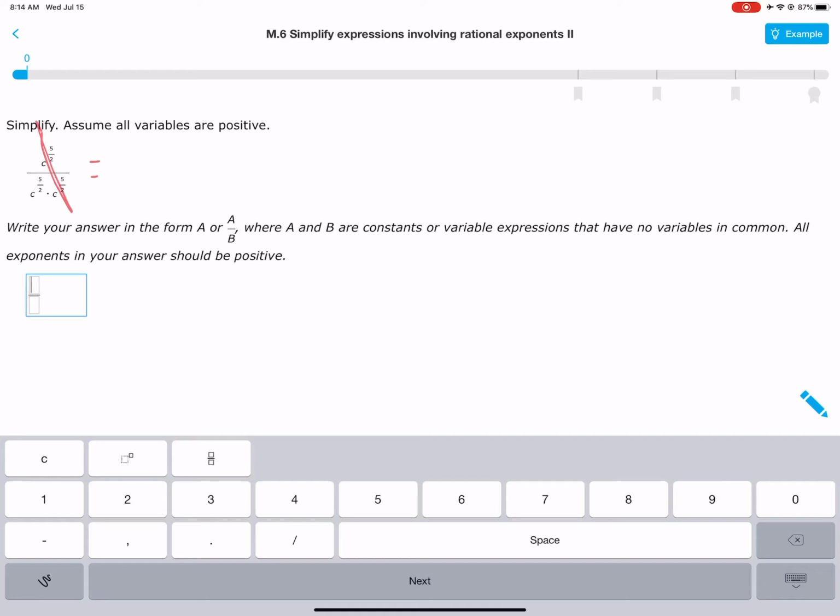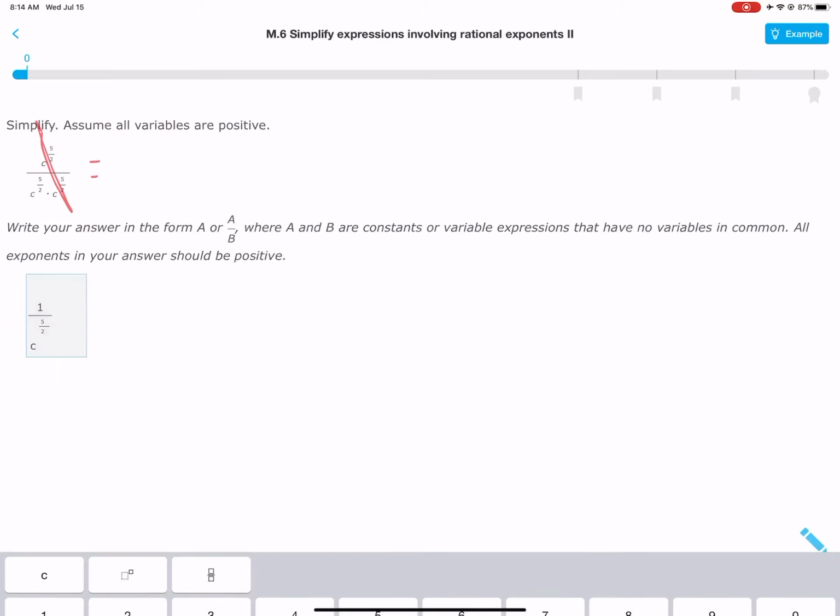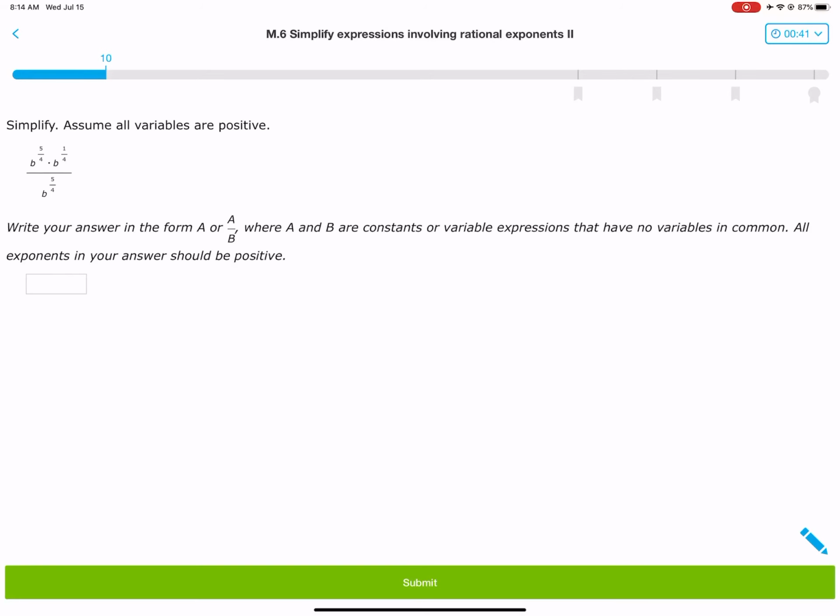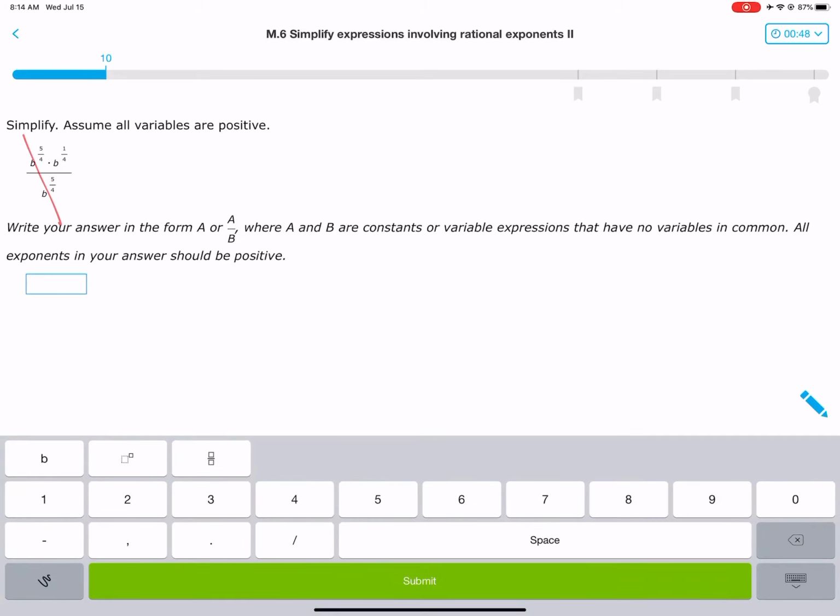So we can write 1 over c to the 5/2. Same kind of thing over here. Those cancel out. We are left with b to the 1/4.